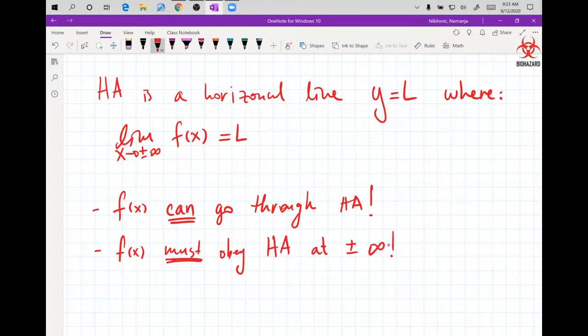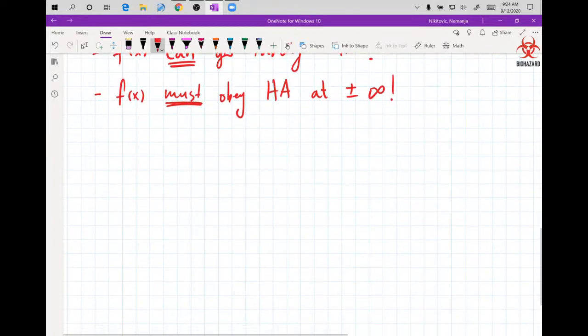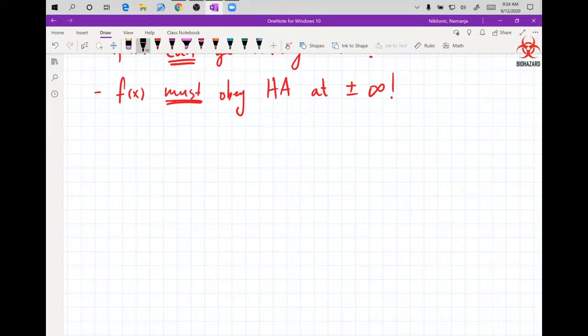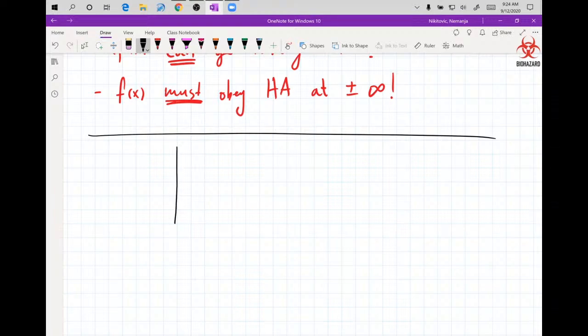Since these are limits at infinity, we don't care what the function does locally, and the function can go through the horizontal asymptote, and then eventually it will bend and follow the asymptote. There are many functions that would do that. Eventually, in chapter 4, we are going to run into a function that is going to look like this.